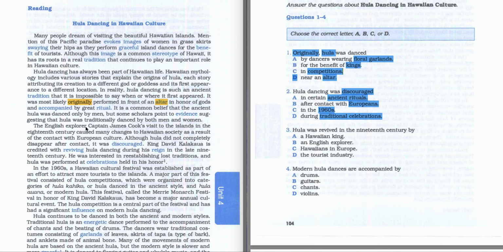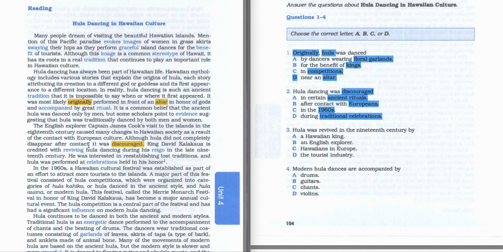Let's go further, and we found first of all our keyword from question 2. It says it was discouraged. Let's highlight the word discouraged. It says it was discouraged, but when? And did not completely disappear. After contact it was discouraged.